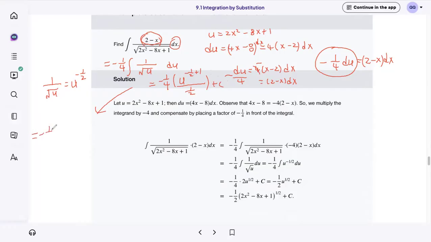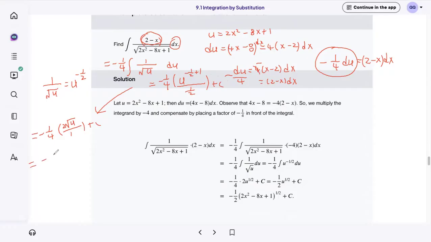So that's negative quarter times, well, negative half plus 1 is half, u raised to half, which is square root of u. Divided by half is the same as multiplying by 2. Then plus c.